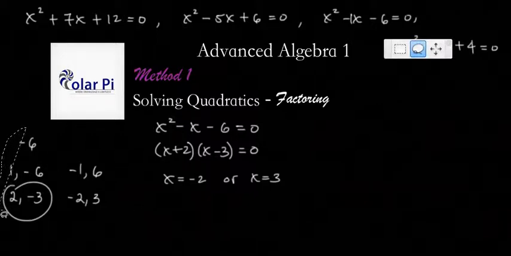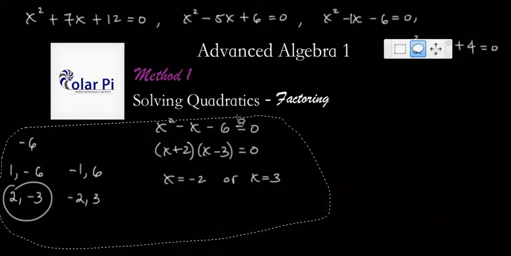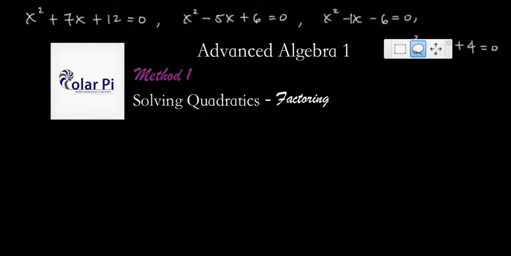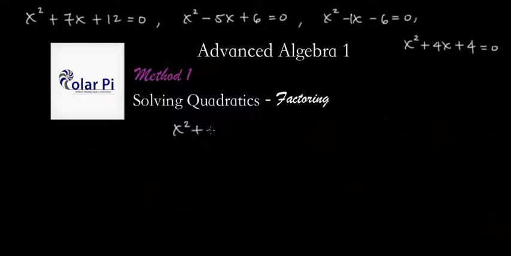Like I said, one of them was going to have to be negative this time, and there it is. Okay, the last example. You have another option for doing the last one, but the fact that this number is the same as this doesn't mean you can't use the factoring method. You could still use it. So x squared plus 4x plus 4 equals 0.